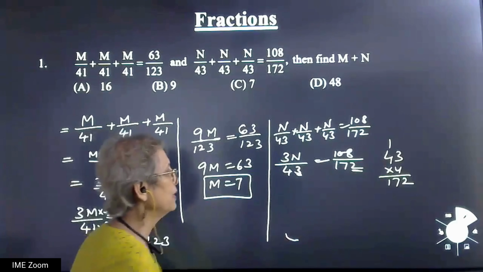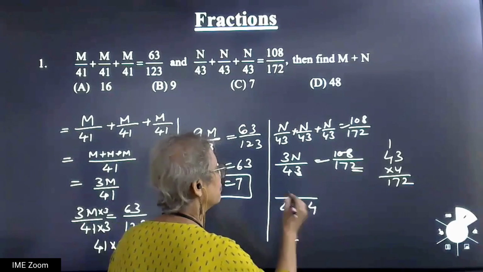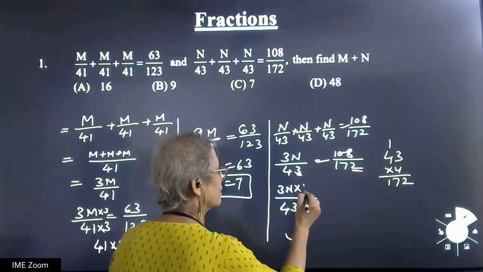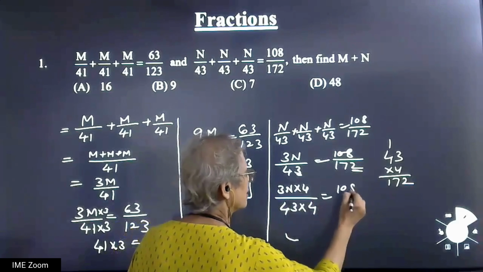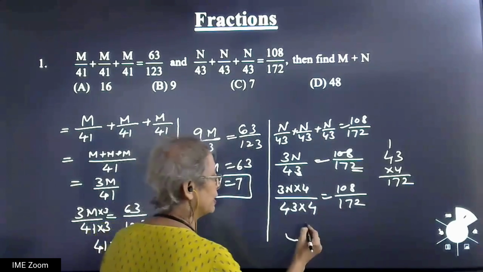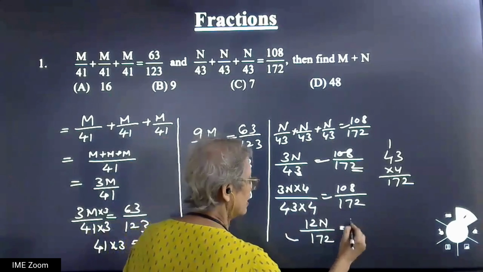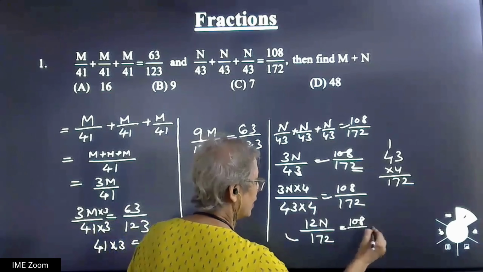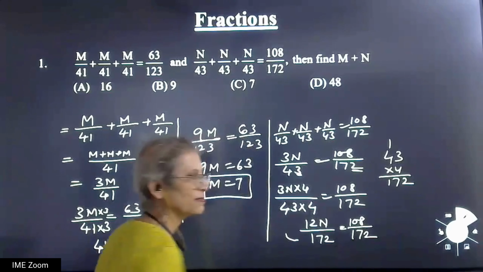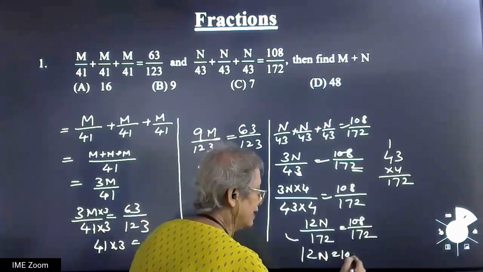So yes, if we multiply denominator and numerator by 4, we get same denominators. And therefore what did we get? 12n upon 172 equal to 108 upon 172. And therefore 12n equal to 108.